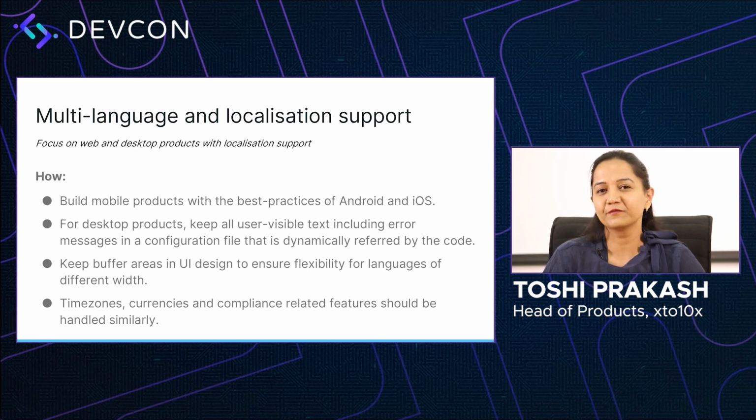Different languages have different widths, and different languages express the same word in a different manner. So you might want to leave some buffers in your design and not make everything too cluttered and too close together from the start, and build that as a practice in your design team itself.